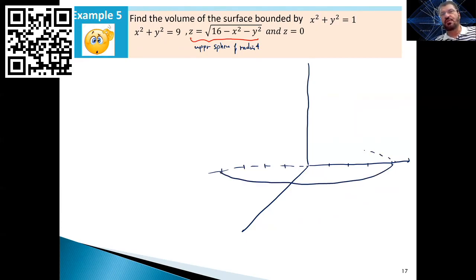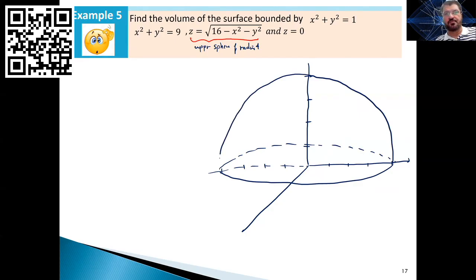I will need only the upper part of the sphere, guys. 1, 2, 3, and 4. That's good. And from here, you can go all the way down, if you like, and in the back, you can go like this. So this is actually the upper part of the sphere.